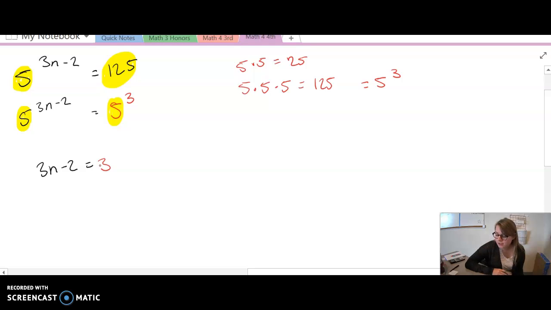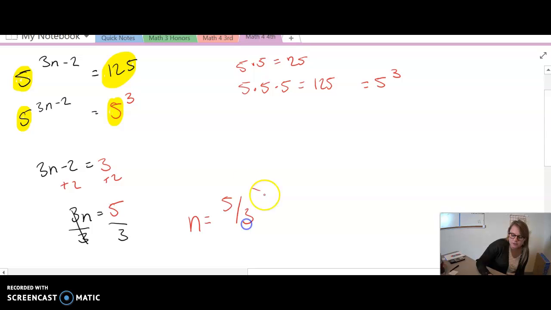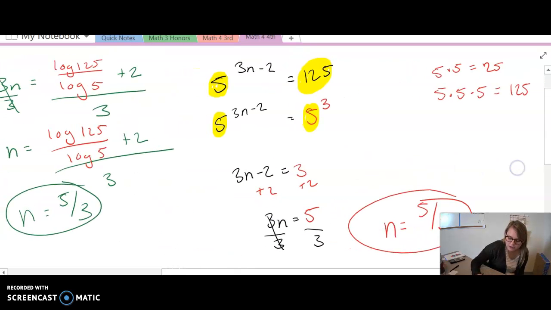We can solve for n: add 2 to both sides, so then we have 3n equals 5, and then divide by 3, and we get n equals 5/3. So both ways, we get the same answer. One way is a little easier, and the other you can do no matter what. You can only do the second method if the bases match.